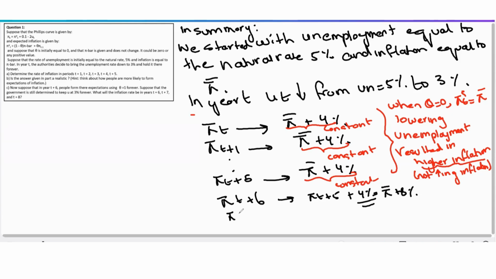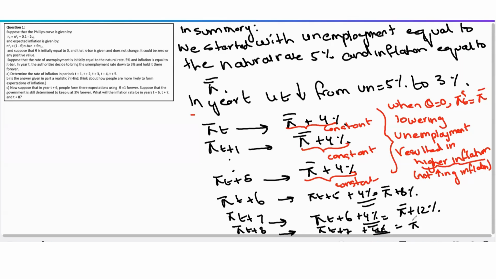Similarly, in pi T plus 7, the inflation was 4 percentage points higher than in year 6, so it was pi bar plus 12%. Similarly in year T plus 8, once theta increases in value, the inflation rate increases by 4 percentage points every year. So in this case, it's pi bar plus 16%.